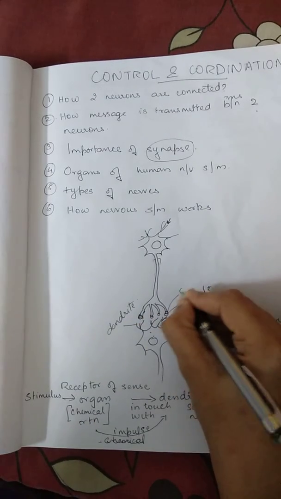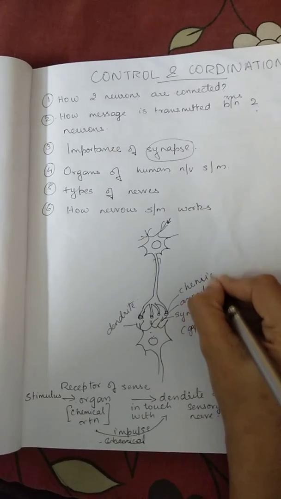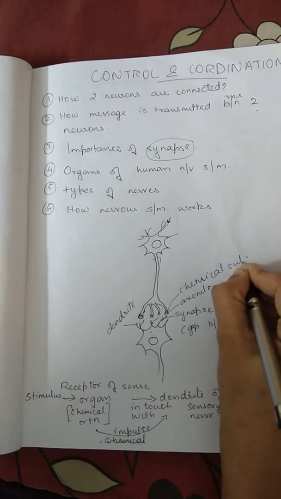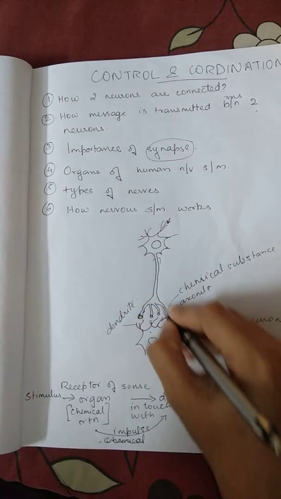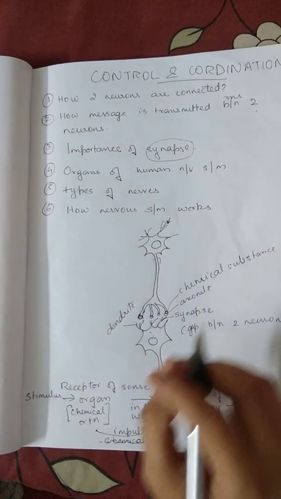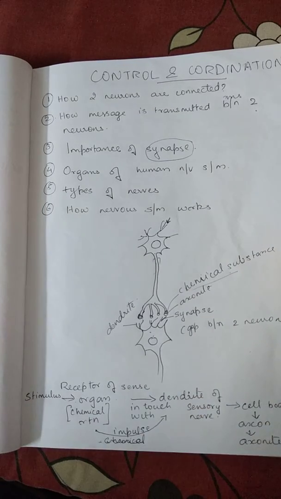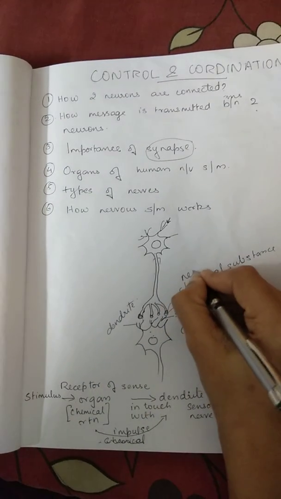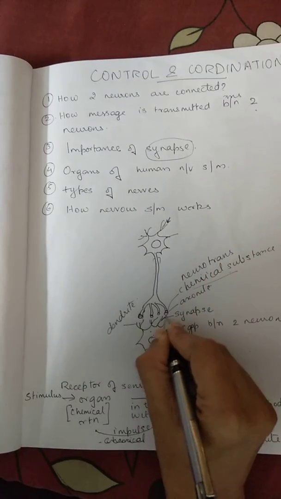What happens to these chemical substances when the electrical impulse comes? The knob breaks, and the chemical substances known as neurotransmitters are released into this particular gap.